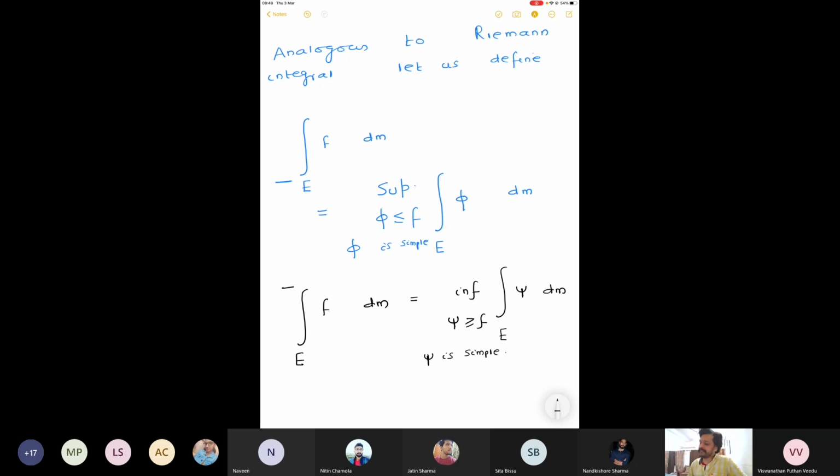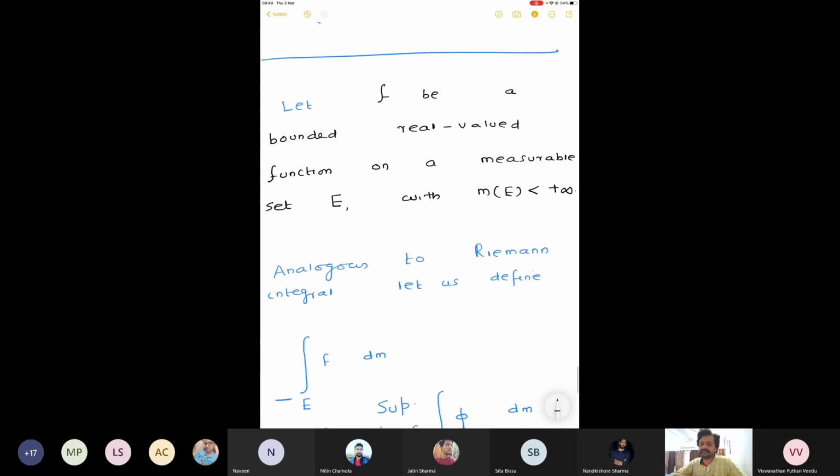Why? We have taken finite measure. The measure is finite only. So we don't bother whether the simple functions are negative or non-negative. We don't really bother. Are you with me? The only reason to introduce non-negativity is that we wanted to avoid infinity minus infinity, because the measure of some sets A_i can be infinity.